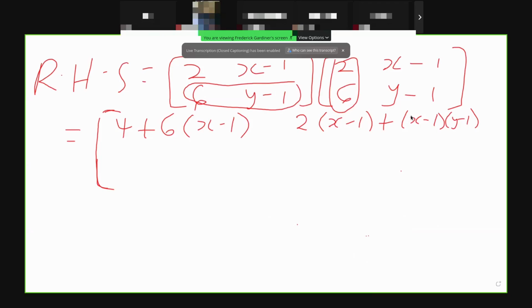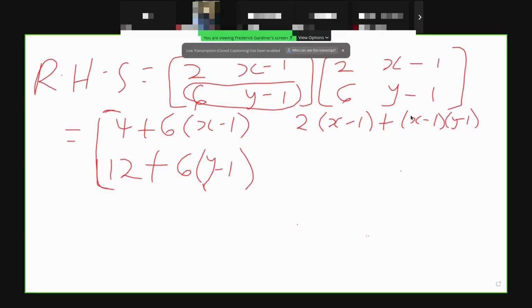So now the second row. 6 multiplies 2, we get 12. Then we add y minus 1 multiplying 6, which is the same as 6 multiplying y minus 1. So now the second row has taken on the first column in the scalar dot fashion.